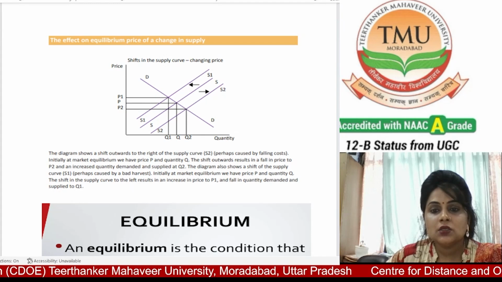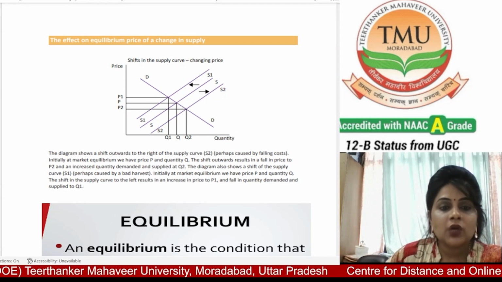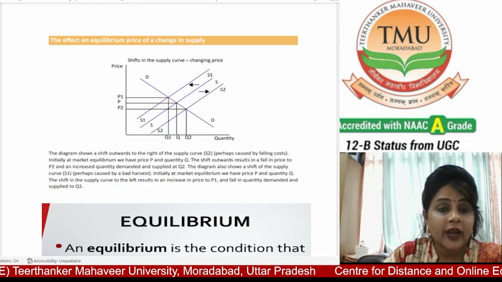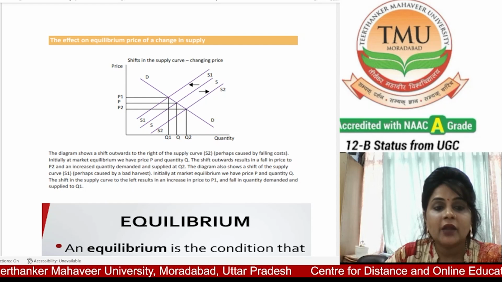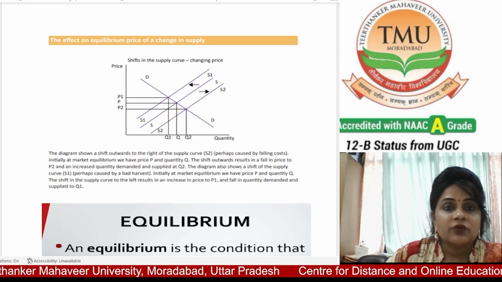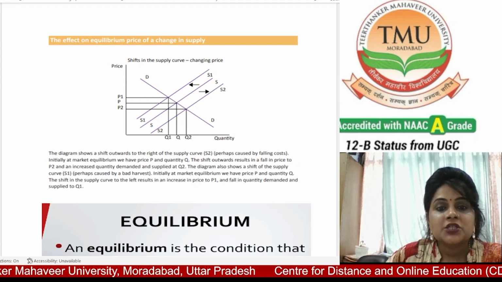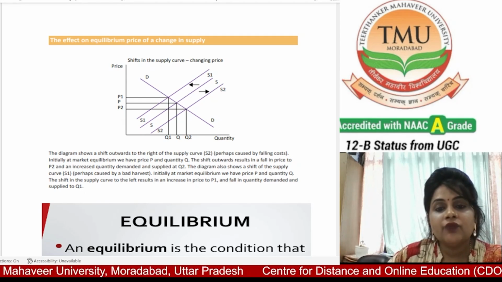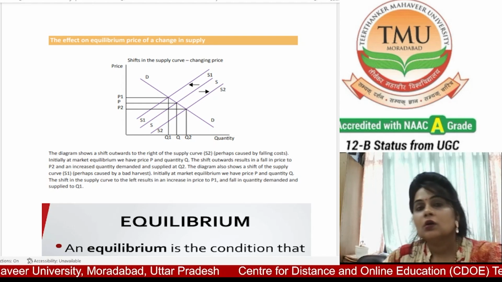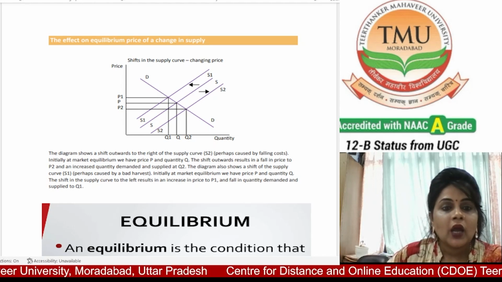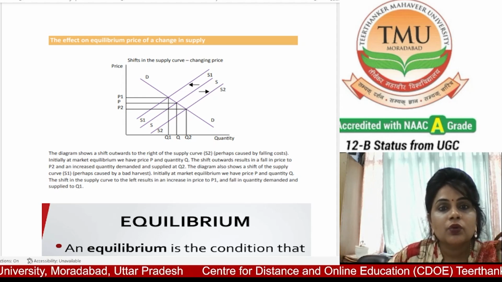Here you see the diagram shows a shift outward to the right of the supply curve, perhaps caused by falling cost. Initially at market equilibrium, we have price P and quantity Q. The shift outwards results in a fall in price to P2 and an increased quantity demanded and supplied at Q2.